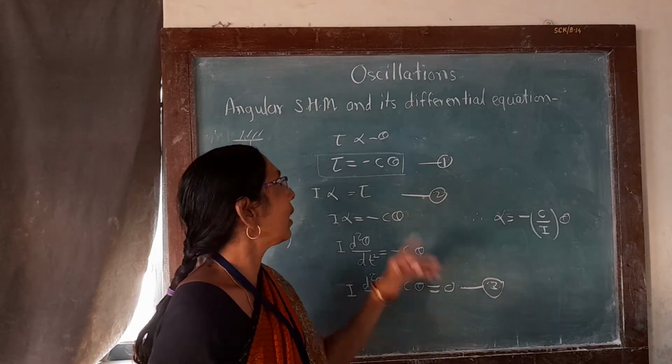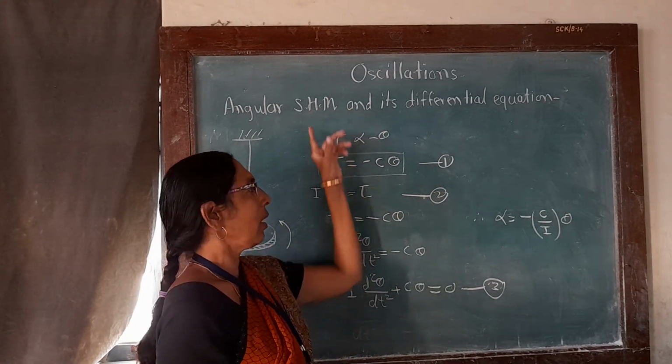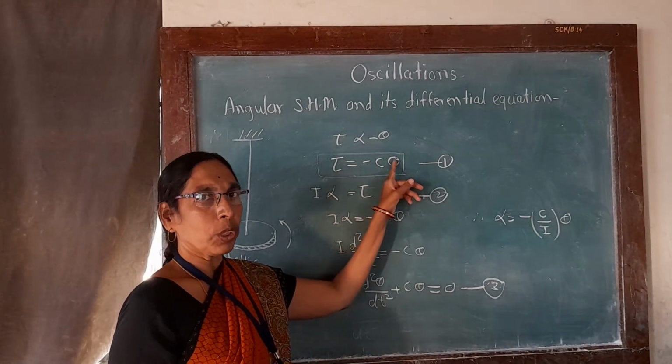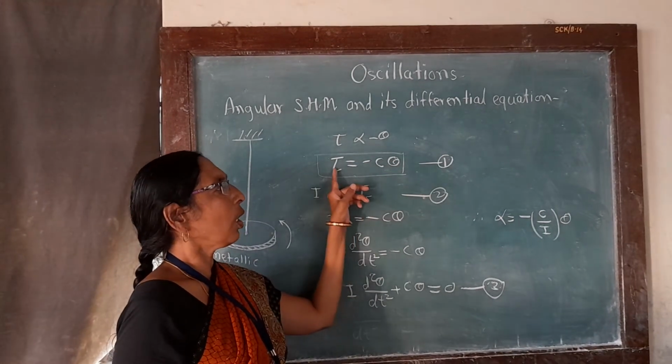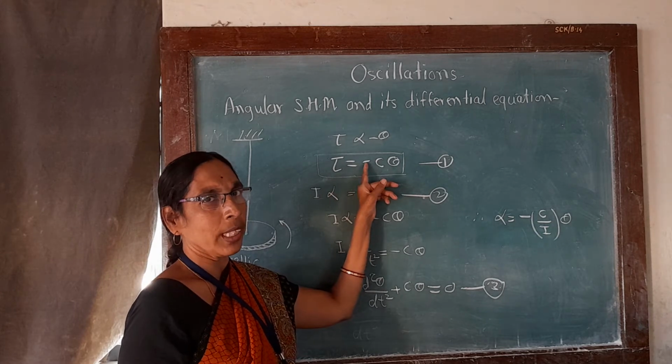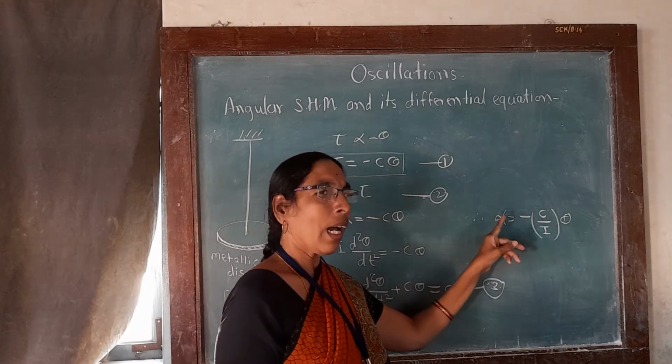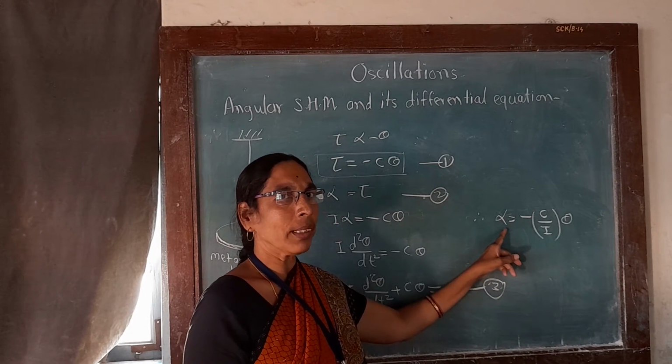So in short, in this angular SHM, torque is directly proportional to theta, torque and theta are oppositely directed, which is represented by the negative sign. Similarly, angular acceleration is also the same.